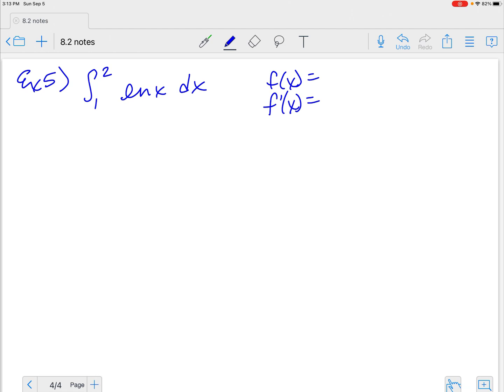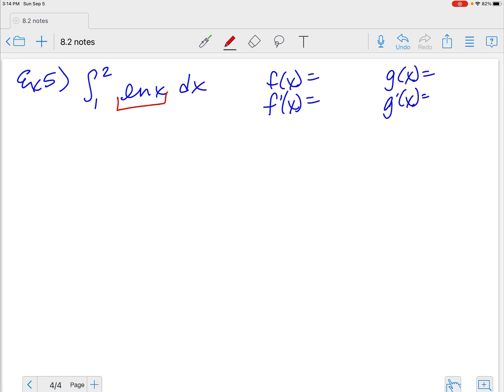And you may be saying right now, wait, there aren't two things that I'm multiplying. Right? When you have natural log, it automatically becomes your f of x.